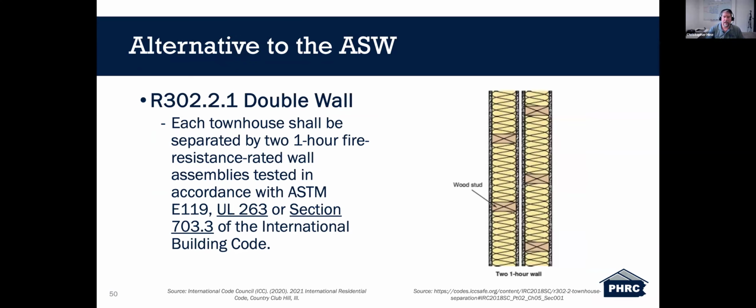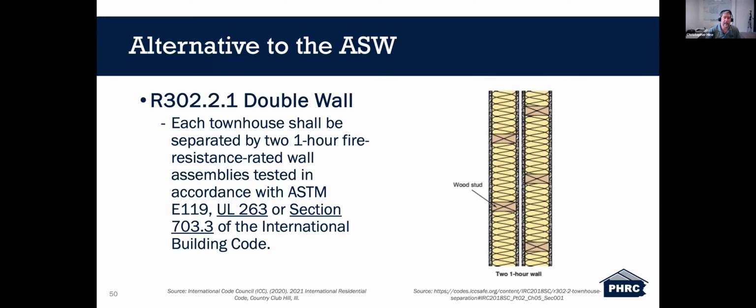So I wanted to touch on this. This option came into play, I believe, in the 2018 IRC. So this is an alternative to the area separation wall. For years, folks have understood that the area separation wall construction method did have its downfalls when it came to air leakage.